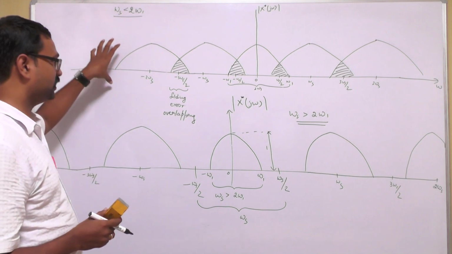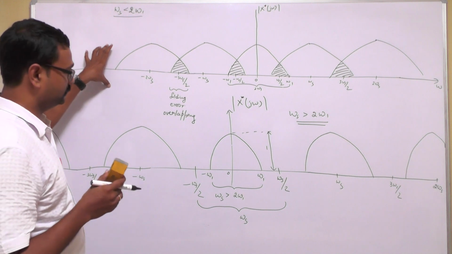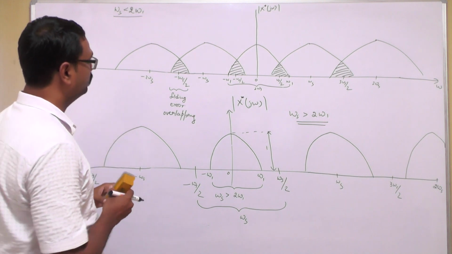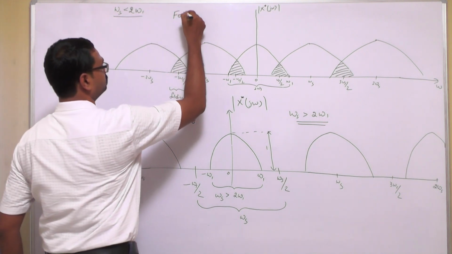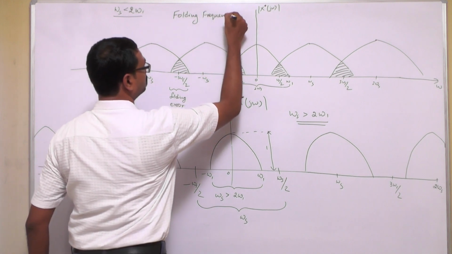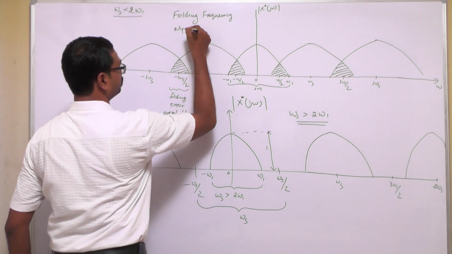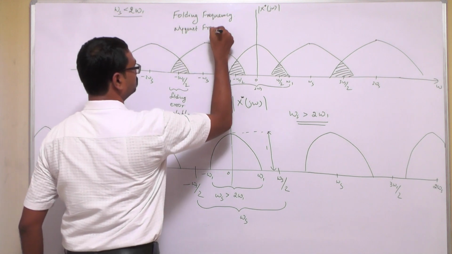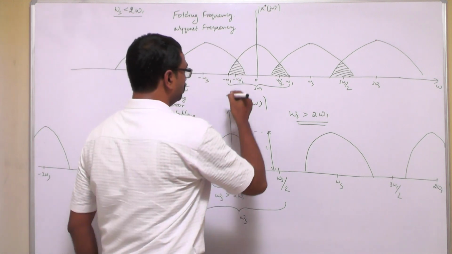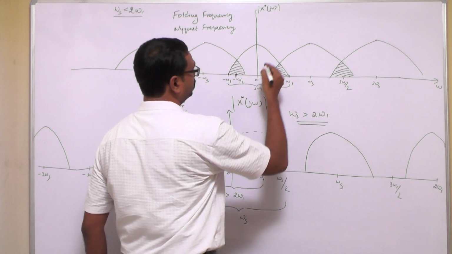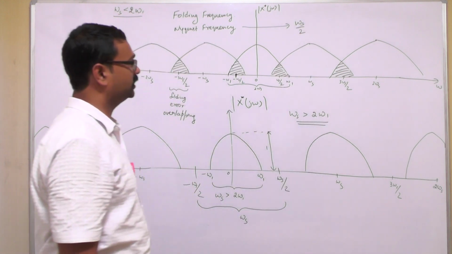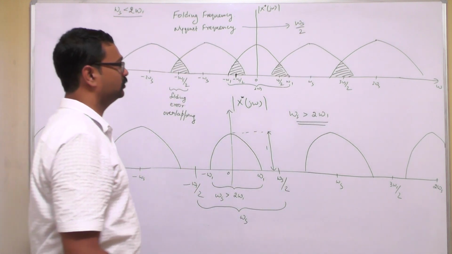Now in this condition, there are three different parameters that we will have to discuss. One is the folding frequency or Nyquist frequency, which is omega s by 2.